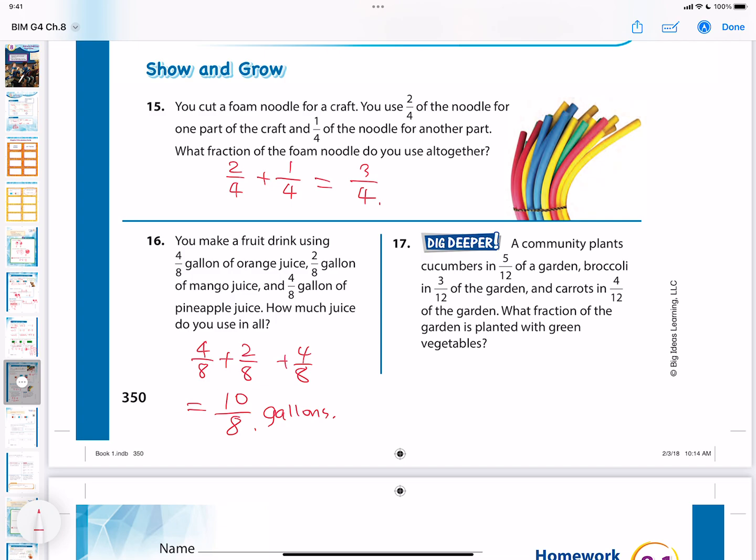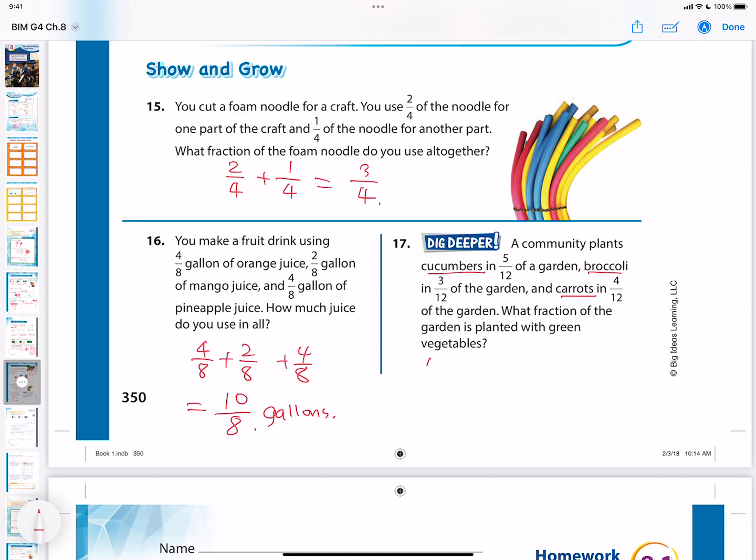Cucumber is green, broccoli is green, carrot is orange, right? I know they have different colors, but not green. They have yellow or orange or even purple, but I've never seen green carrots. Have you?